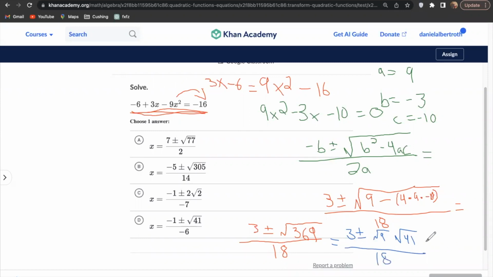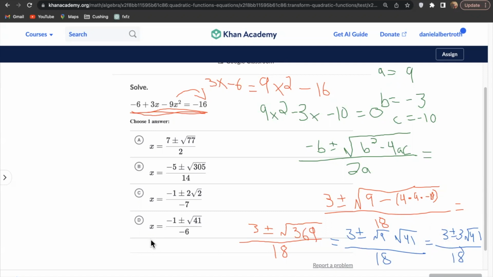So what this allows me to say is this is 3 plus or minus 3 square roots of 41, because the square root of 9 is 3, and that's over 18. Now what I can do is cancel out because I have a common factor of 3 here. I can say 3 over 18. I can divide top and bottom by 3.